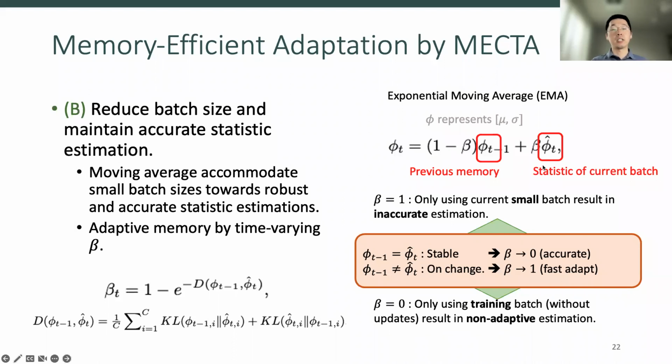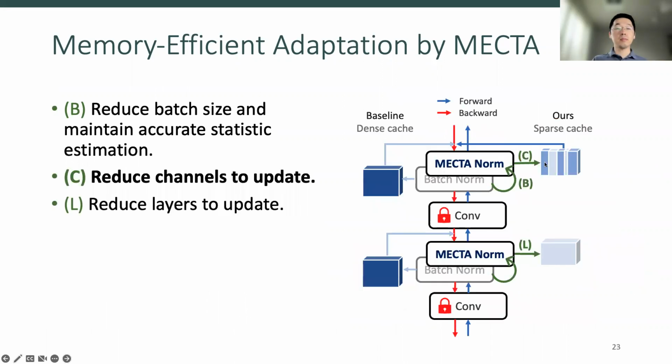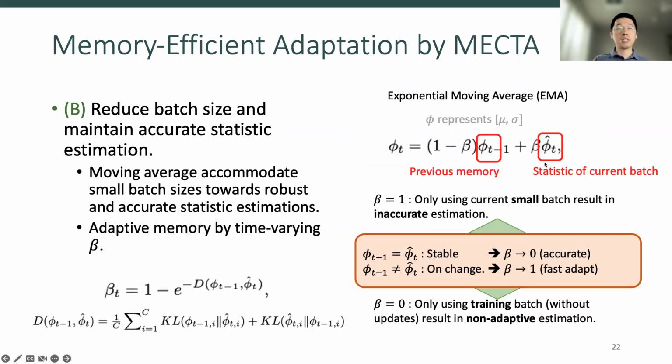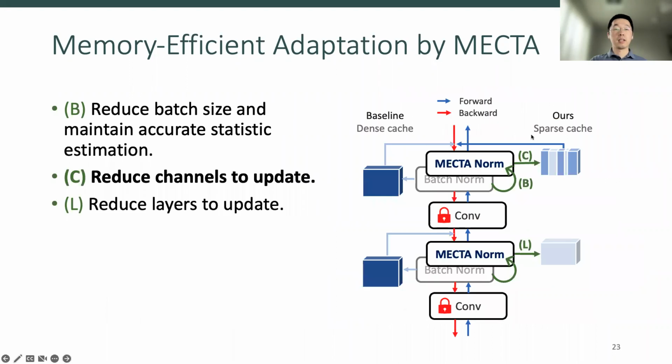Then we plug beta into the moving average to dynamically adapt the statistics to the previous memory. So this is the strategy of our reducing normalization. We use the moving average to stabilize the statistics estimation, and we use an adaptive parameter to trade off the memory and the emerging statistics.